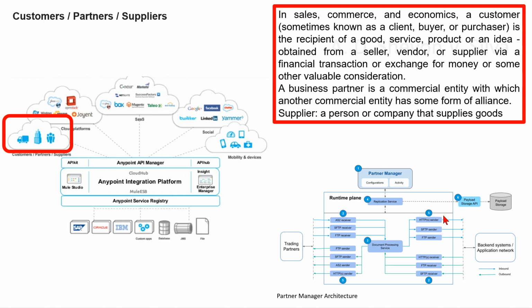5. Send endpoint services, services to deliver transformed inbound application messages to internal applications such as ERP, billing, and order management via transport protocols like HTTP, HTTPS, SFTP, or outbound B2B EDI payloads to your partner via AS2, HTTP, HTTPS, or SFTP. 6.